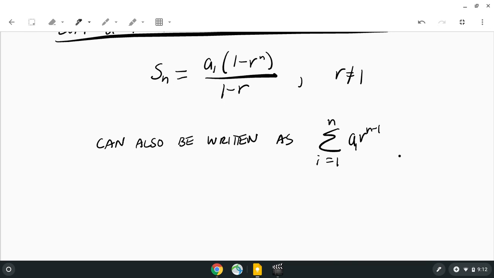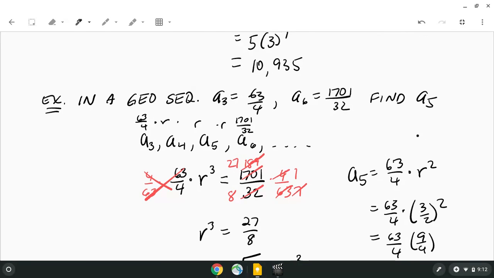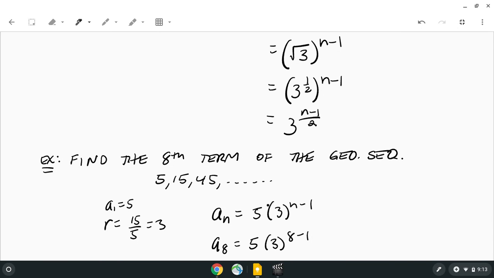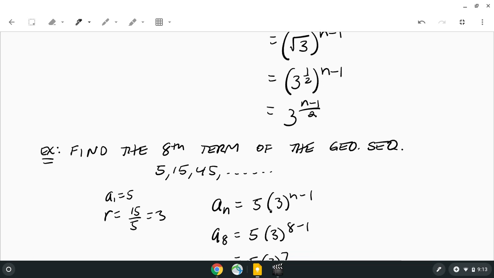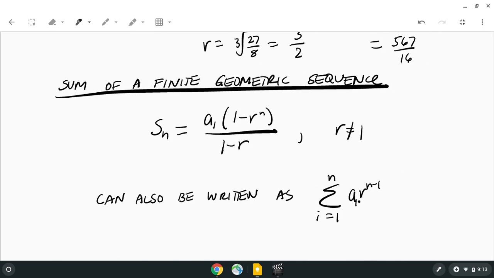They might spell it out, they might give you something like this, and they'll say, find the sum of the first 100 terms. So you'll still need your an formula if you're going to write it in summation form.